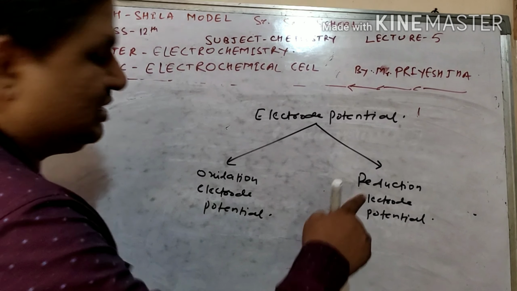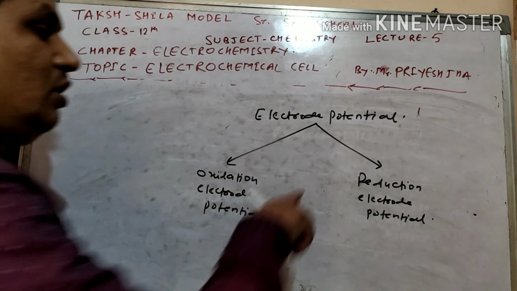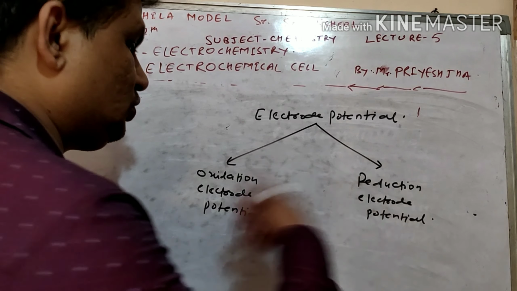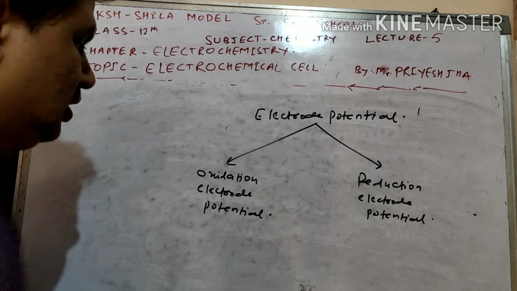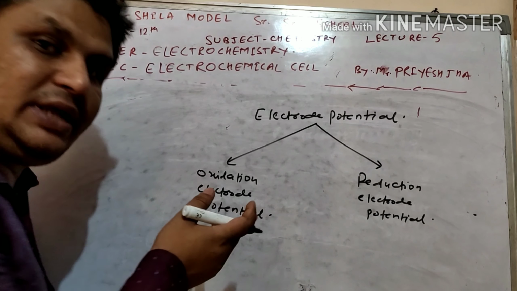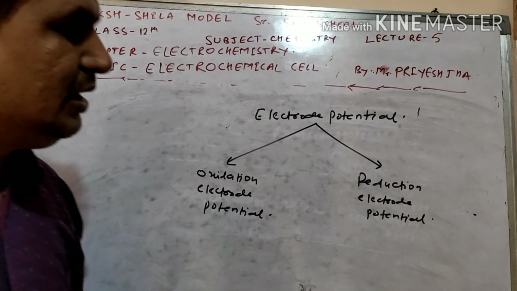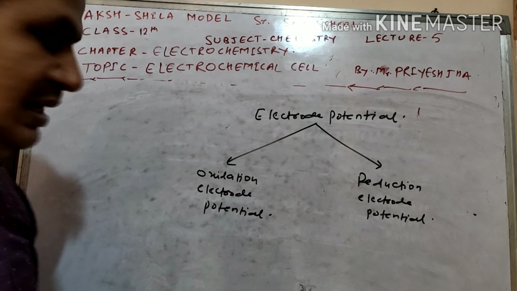Oxidation electrode potential is totally the reverse of reduction electrode potential, and reduction electrode potential is totally the reverse of oxidation electrode potential. Oxidation electrode potential is the tendency of an electrode to lose electrons, and reduction electrode potential is the tendency of an electrode to gain electrons.